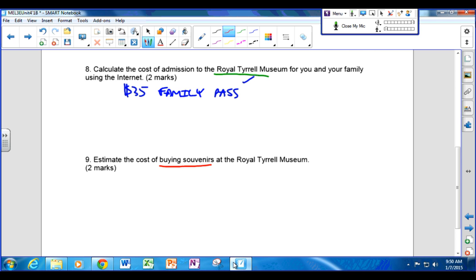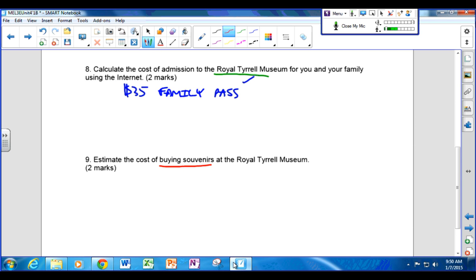So what we could say is, let's say that you can decide how much you're willing to spend for souvenirs, right? That's another way of doing it. You could ask someone that's been there and say, hey, you got a stuffed Tyrannosaurus for your kid at the Royal Tyrrell Museum. Do you remember how much that cost? Or you could just say, look, I think that we're going to go there as a once in a lifetime opportunity.